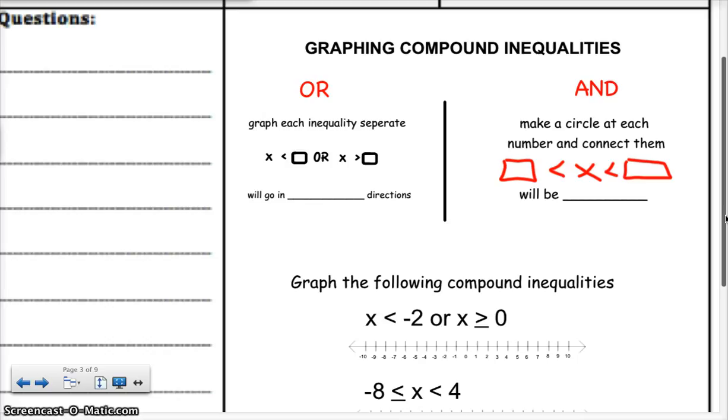In an or statement, you're going to graph each inequality separately on the same number line. It's going to be x is less than a number or x is bigger than a number. It will go in opposite directions. Write that down. Or goes in opposite directions. So make sure that if you're graphing an or compound, you actually went in two different directions.